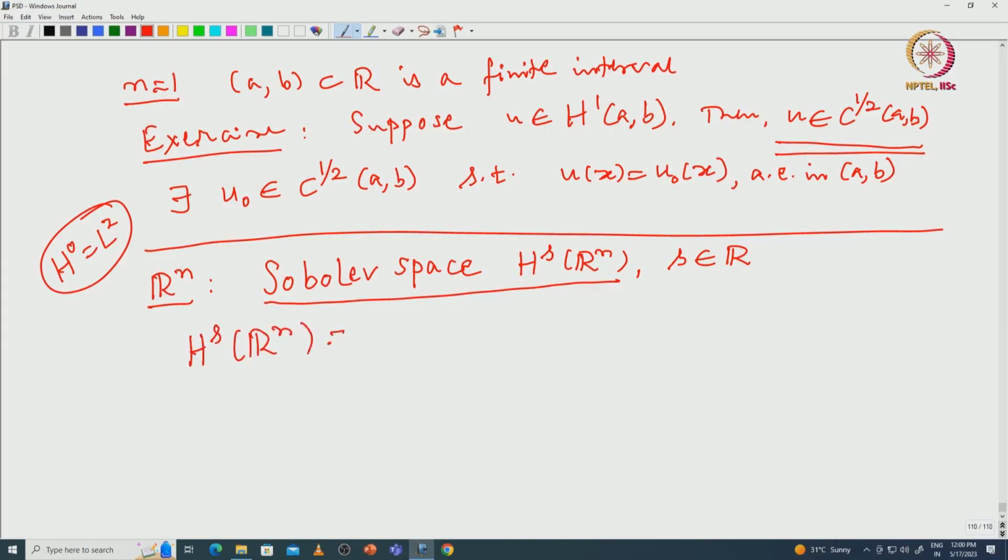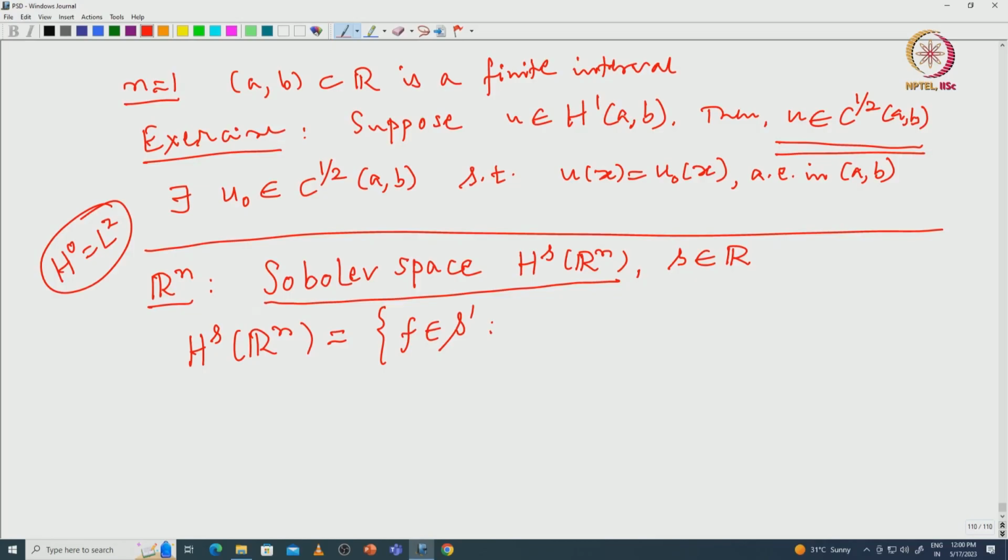So, this is the space of all tempered distributions, S prime, everything in R^n. We know that if f is a tempered distribution, its Fourier transform can be defined.